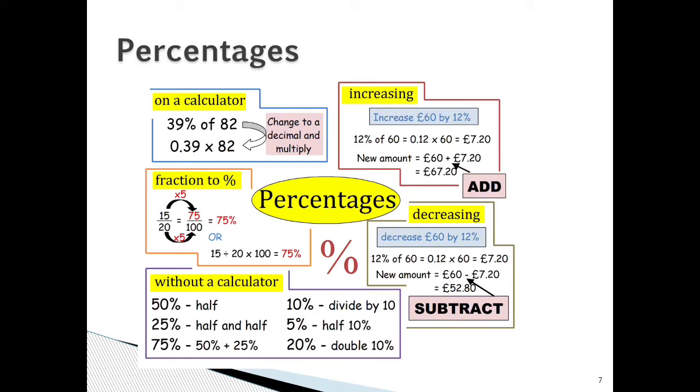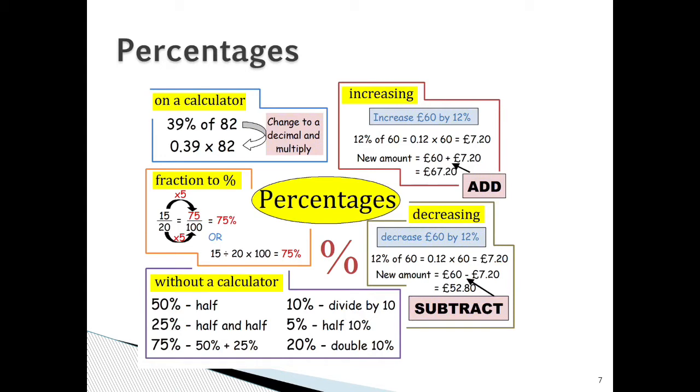If you want to change from a fraction to a percentage, for example 15 over 20, you need to get to a base of 100. And whatever you do to the bottom, you will do to the top. So if 20 times 5 is 100, 15 times 5 will give you 75%.